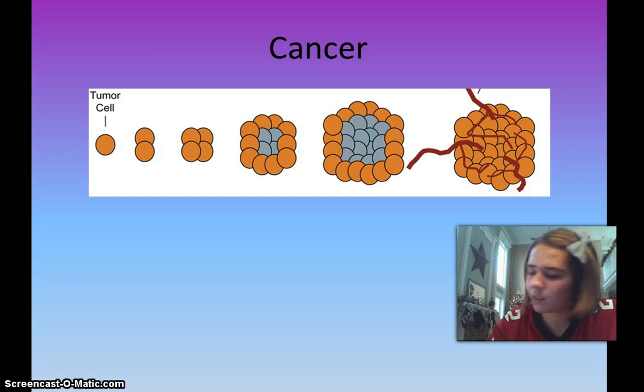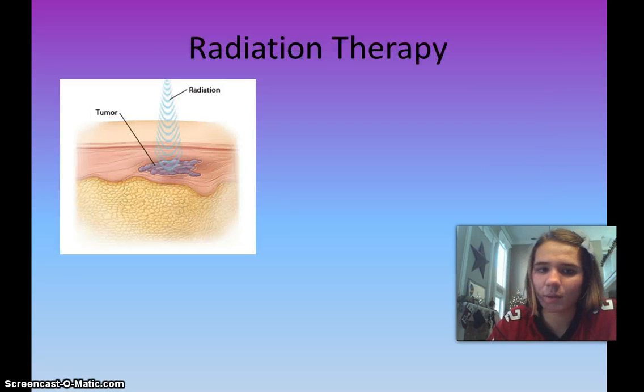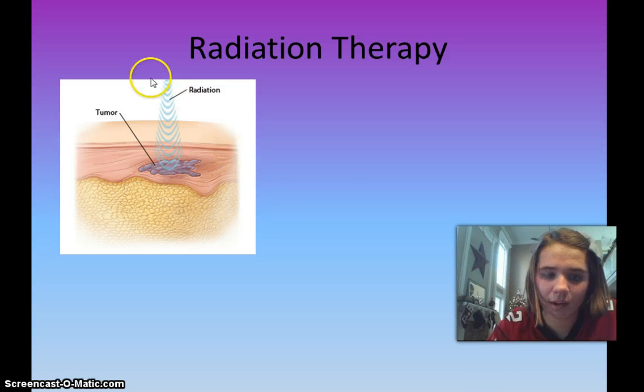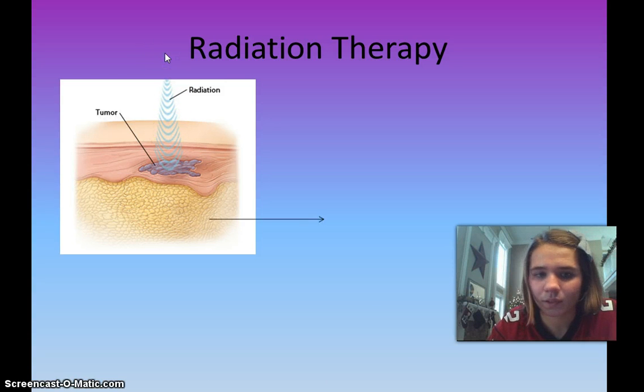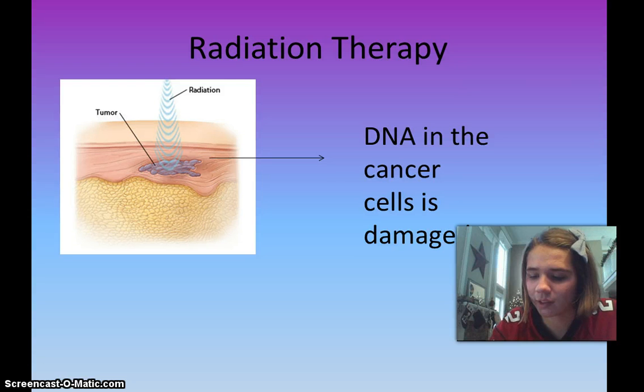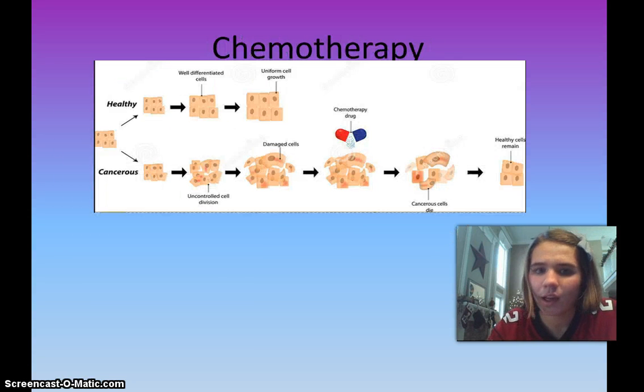Methods of treating cancer include radiation therapy, which, as you can see here, the UV rays are radiating into the tumor, and the hope here is that the DNA of the cancerous cells will be damaged so that it's no longer able to replicate the DNA and divide. So that's the idea behind radiation therapy. Chemotherapy is also another common method of trying to treat cancer.